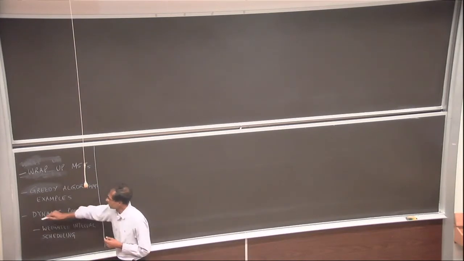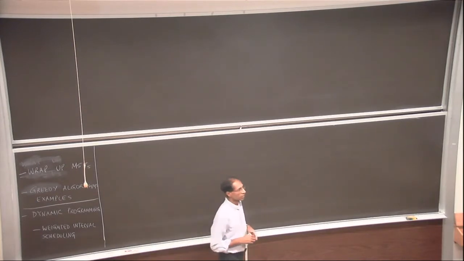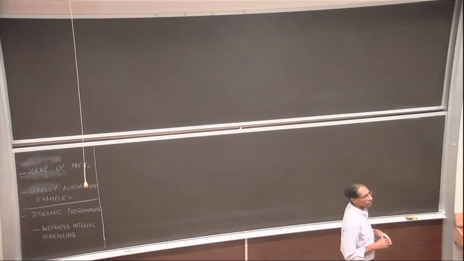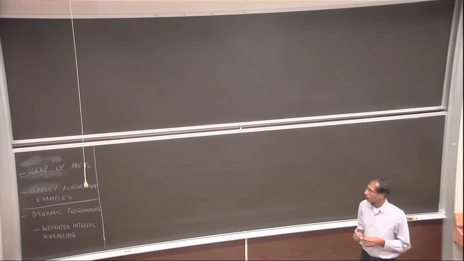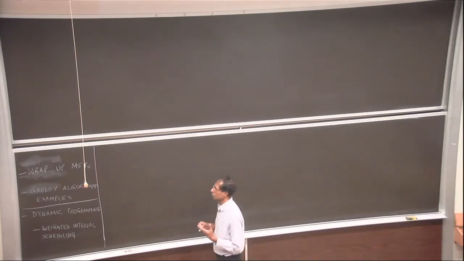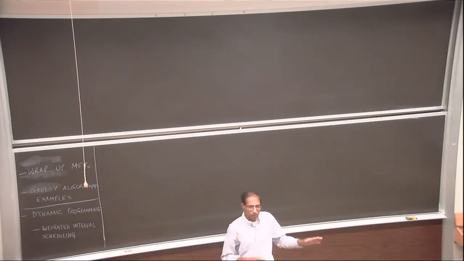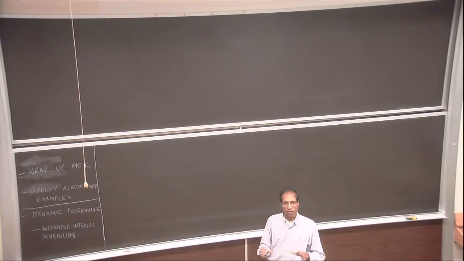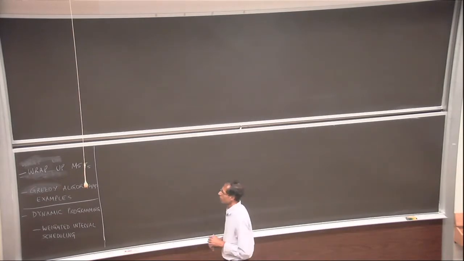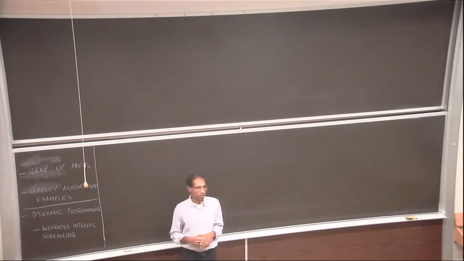In the second half of the class, we will start our next unit on dynamic programming. We will get back to more examples of greedy algorithms when we do shortest paths, but we are changing the order in which we are doing things. So we will first go on to dynamic programming, and then we'll get back to more greedy algorithms.